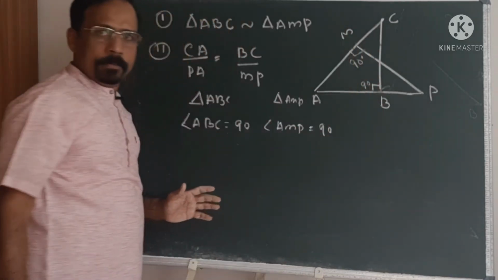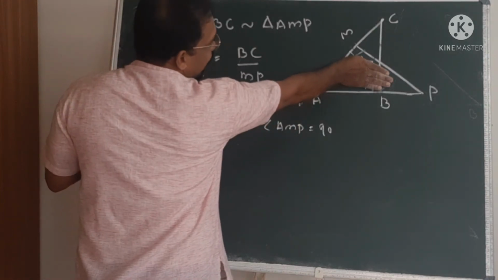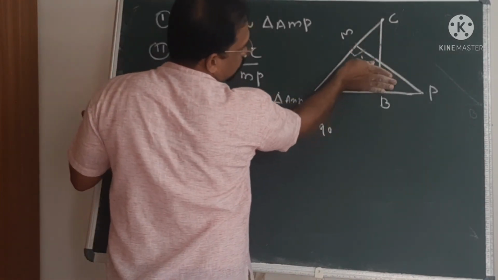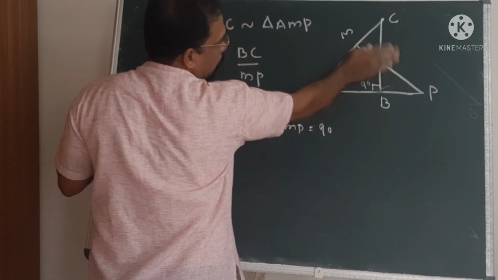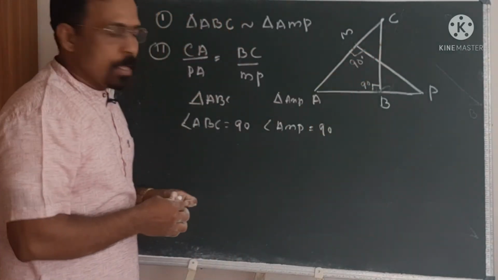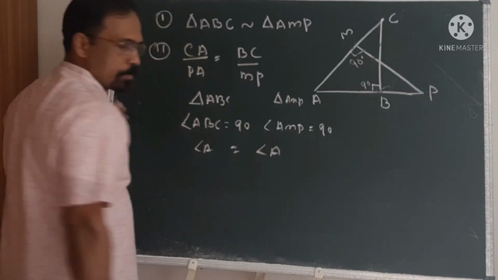That is already given. Now look, you see this triangle and this triangle. Is there any common angle? A is common. Angle A is common in both the cases.